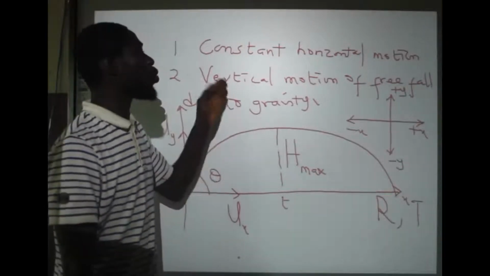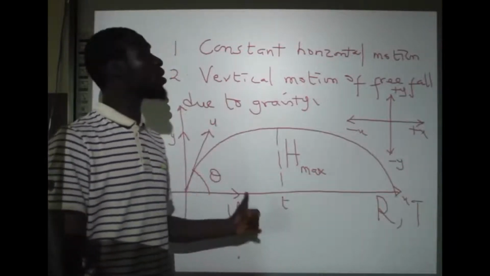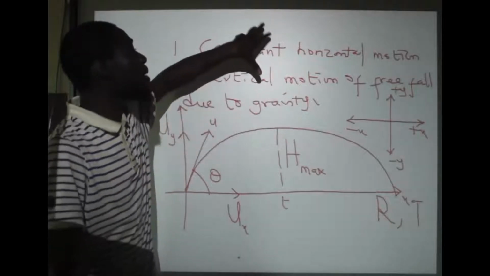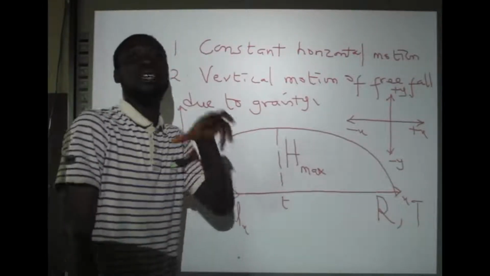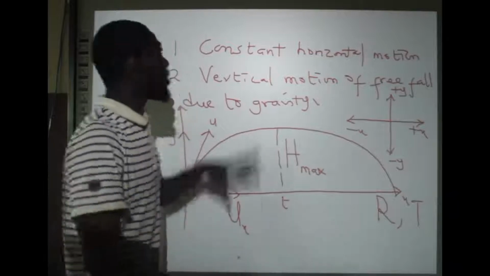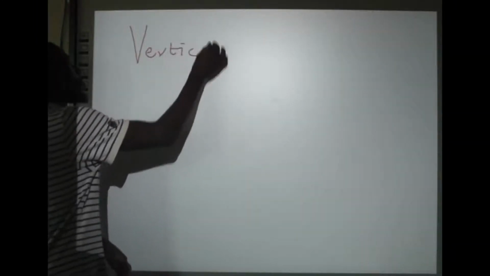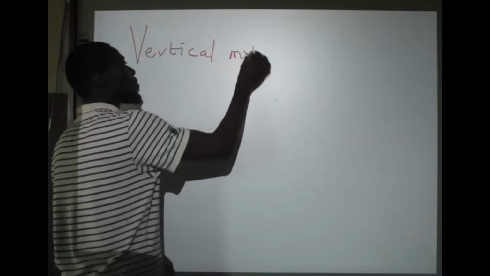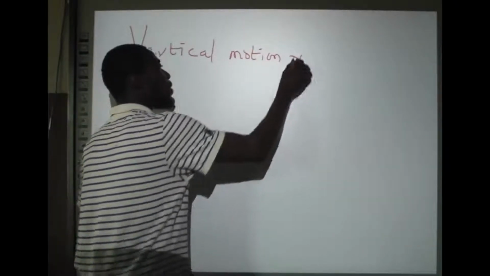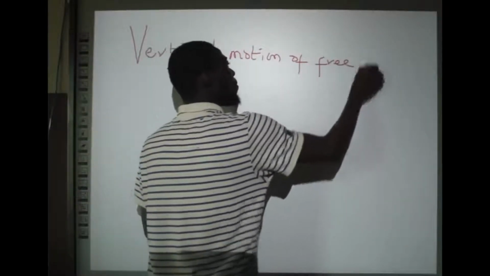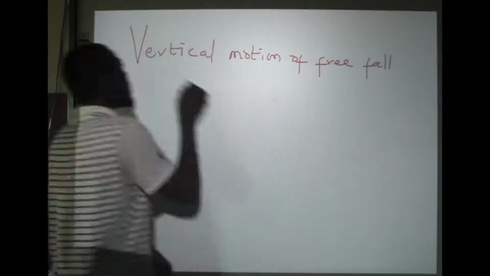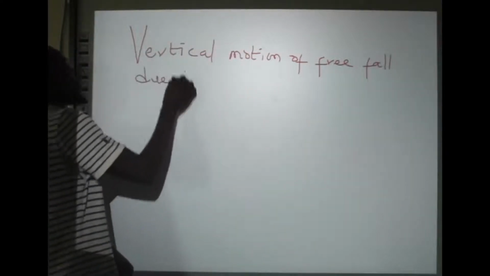Now I'm going to relate all these terms to the two independent motions that a projectile motion contains. I'm going to start from here with the vertical motion of free fall due to gravity.